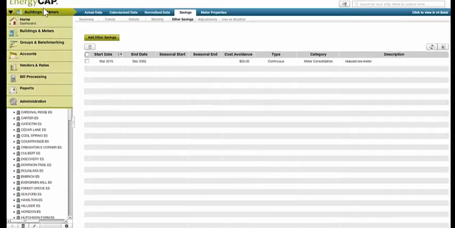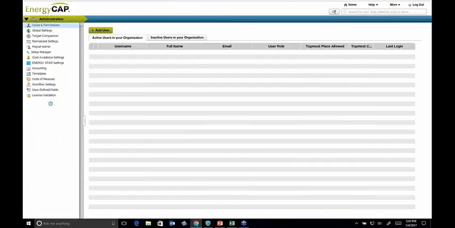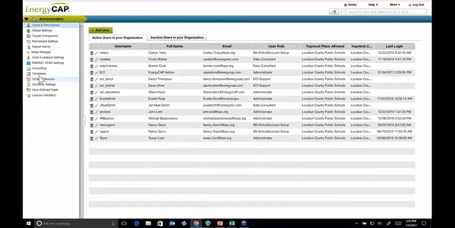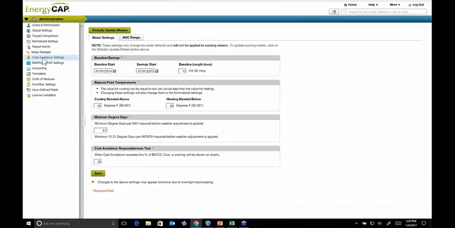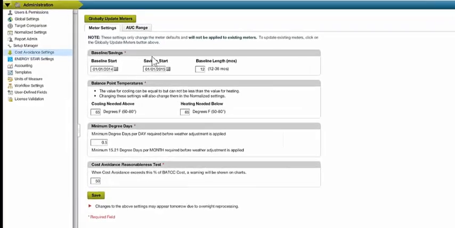Okay, a few other things I wanted to point out real quickly. Administration has cost avoidance settings, some things you should be aware of. These meter settings are the values that the system defaults to when you create a new meter. You can change these for any meter on the meter screen, but in these global settings, we set what the default values are.